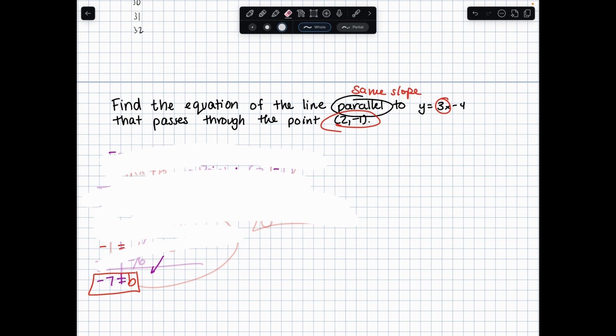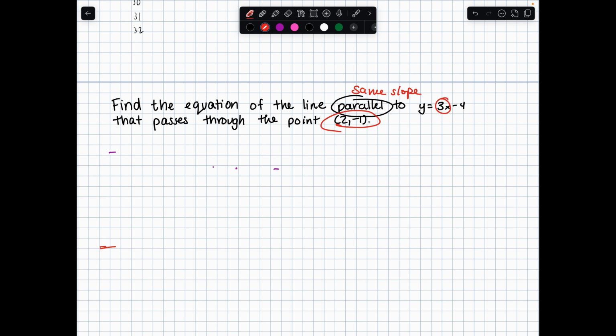let's try graphing it, just like we did on Desmos. So we have a graph here, x and y. We have a line y equals 3x minus 4. My slope is 3 over 1. I'm going to go up 3 to the right 1, but we start at (0, -4).